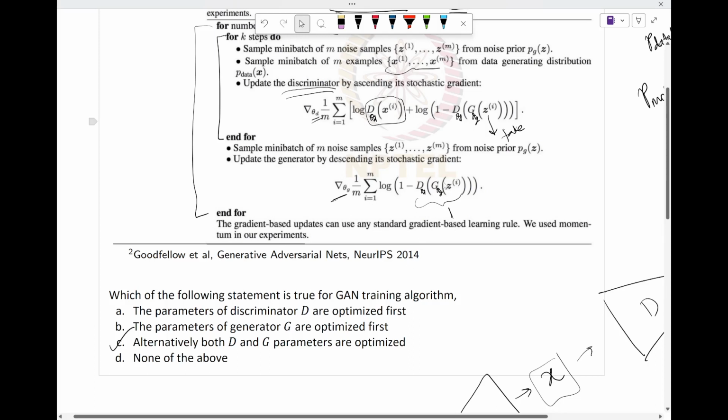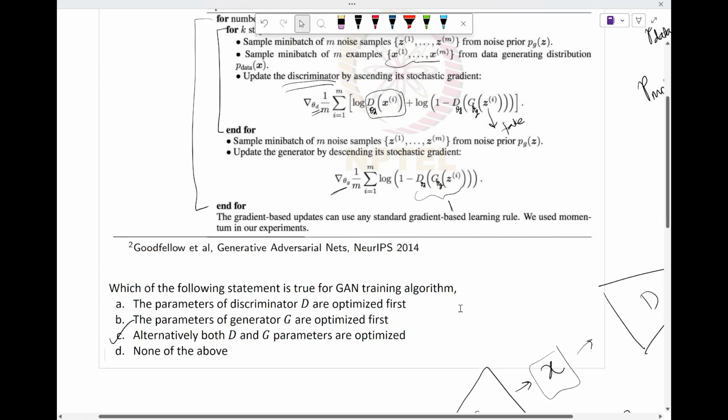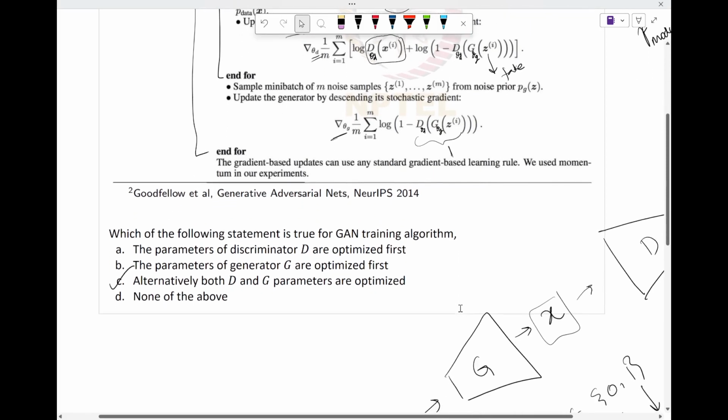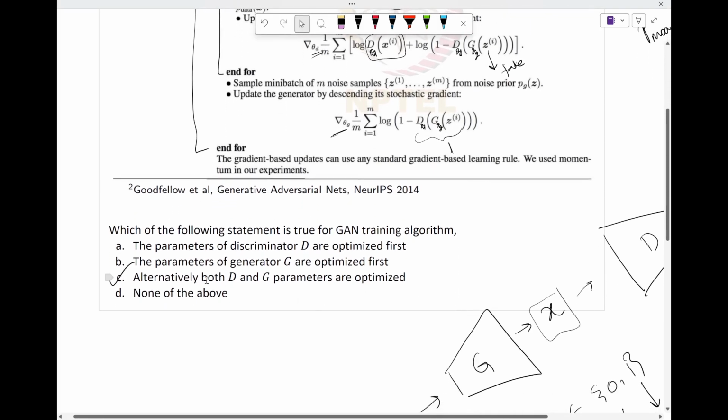Even if the generator is bad, the discriminator will still predict those as real images if you don't optimize the discriminator. So you have to alternate between both D and G.